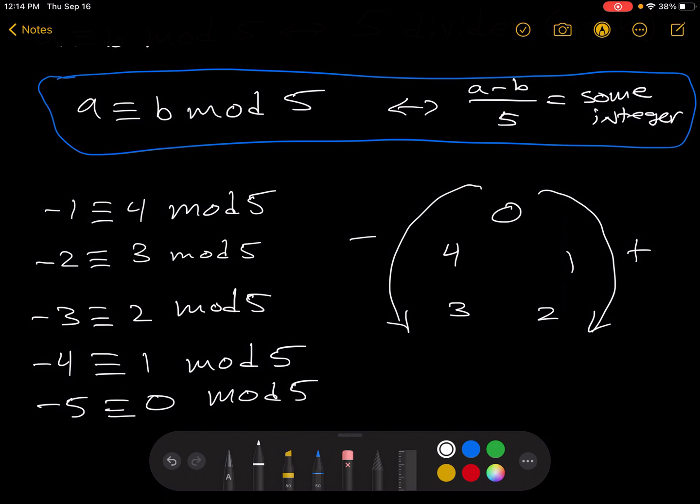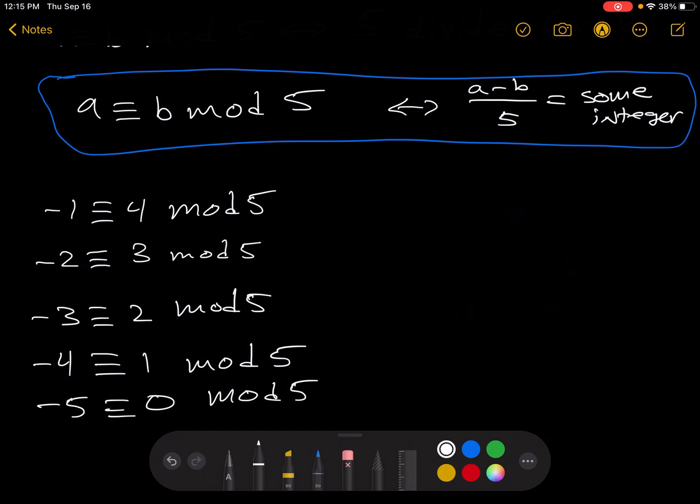You could think of this as a circle, or maybe even a clock. Now the clock is kind of weird because there's a 0 at the top and there's only 5 numbers on it. So maybe it's a clock on some other planet where they have shorter days or shorter hours or what have you. I'll draw a circle to indicate that circular relationship. We have 0, 1, 2, 3, and 4.